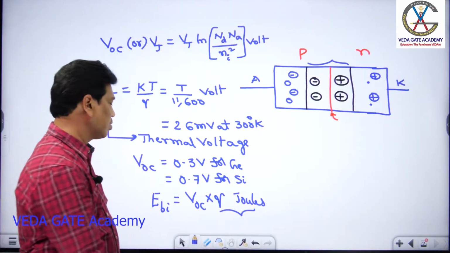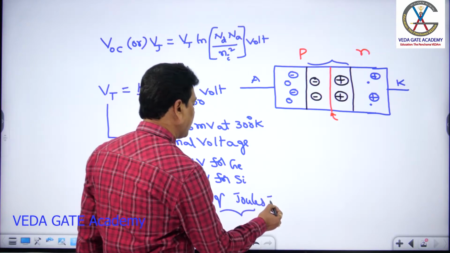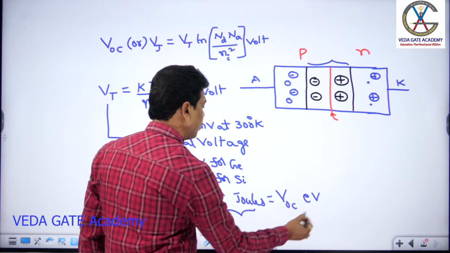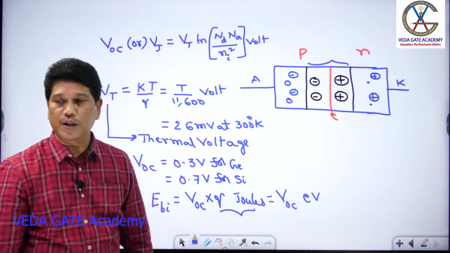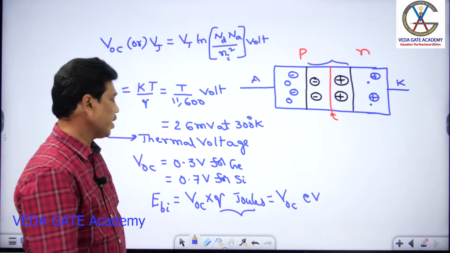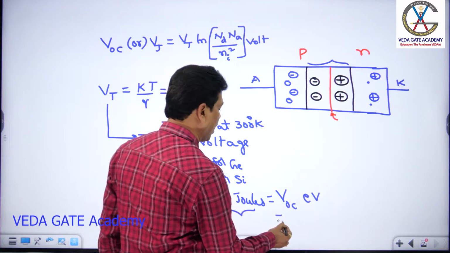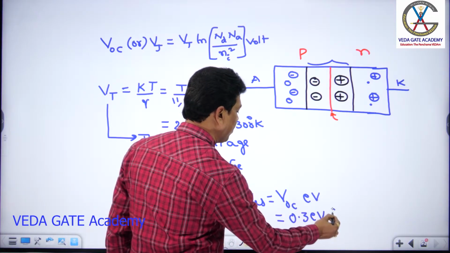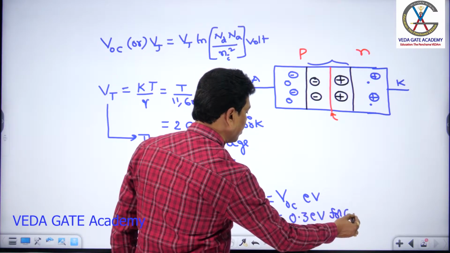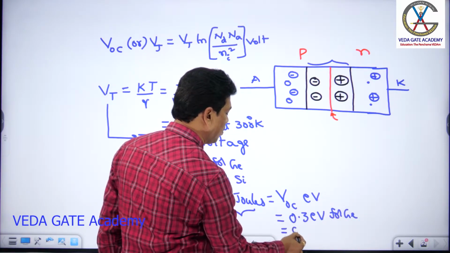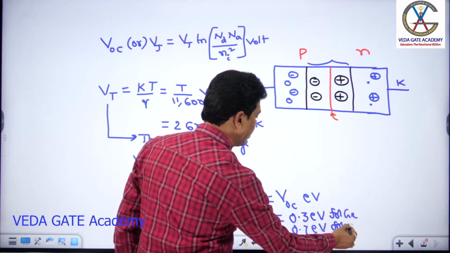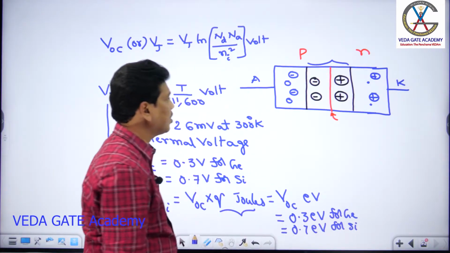So the same energy can be written in terms of electron volt as VOC electron volt, where VOC is the open circuit voltage or junction voltage. Based on that, it should be around 0.3 electron volt for germanium and 0.7 electron volt for silicon. So this is the energy of the barrier.